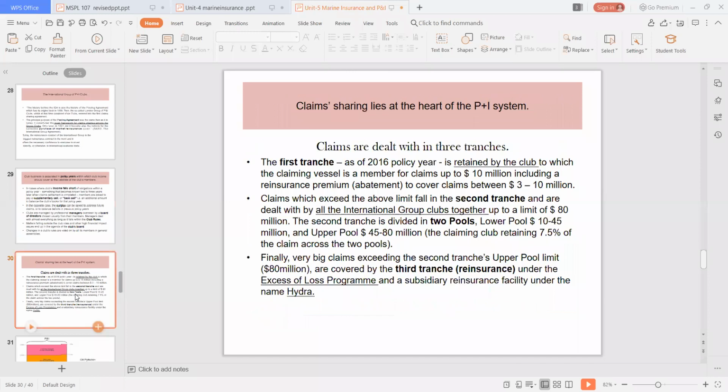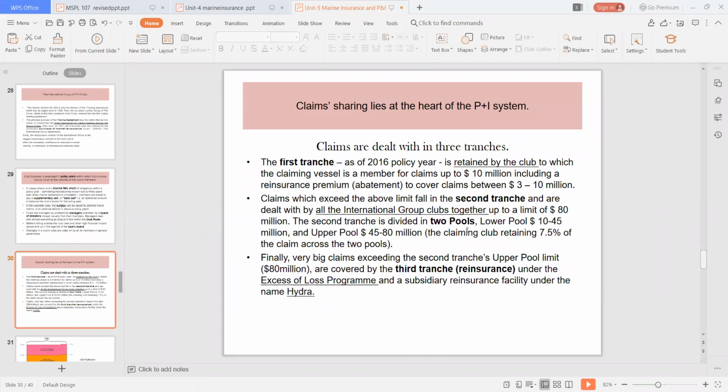Claim sharing lies at the heart of the P+I system. Claims are dealt with in three tranches. The first tranche, as of the 2016 policy year, is retained by the club to which the claiming vessel is a member, for claims up to $10 million, including a reinsurance premium to cover between $3 and $10 million. Claims which exceed the limit are the second tranche and are dealt with by all the International Group member clubs together, up to a limit of $80 million.